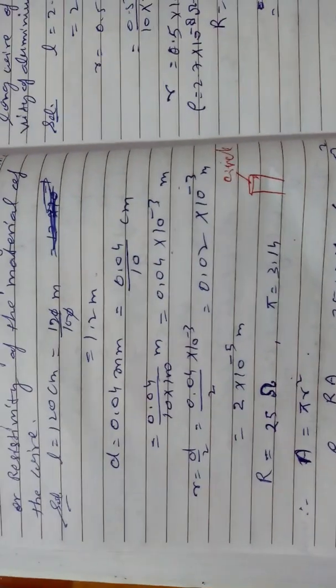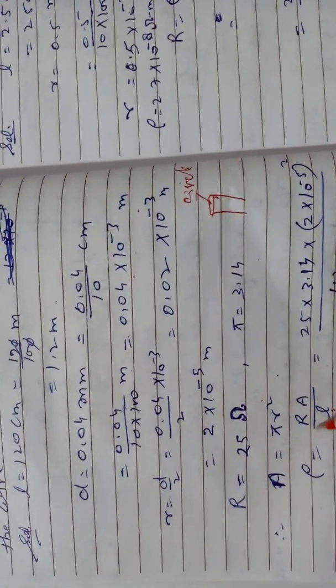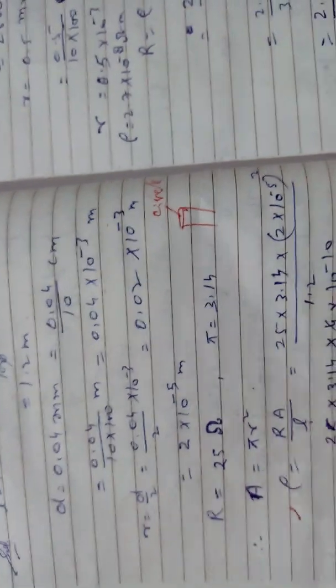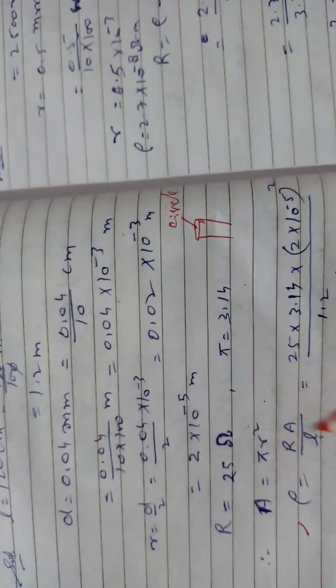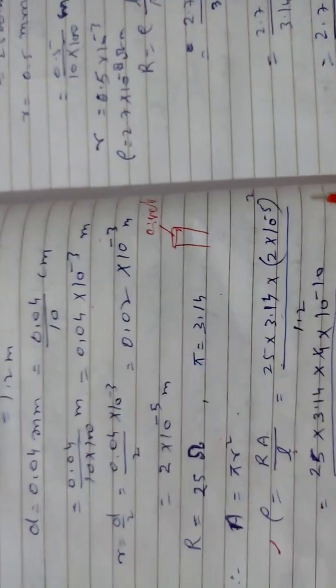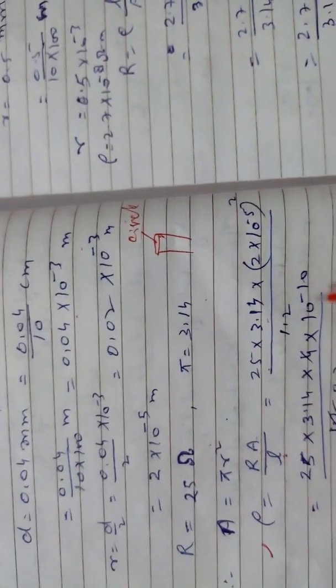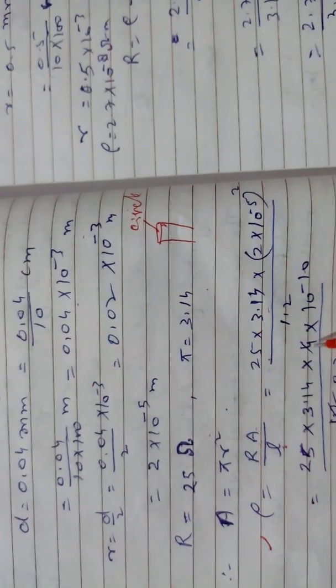Put the values. Rho is equal to RA upon L. From R is equal to rho L upon A, you write the formula in the form of rho, that is RA upon L. R, A and L you put in SI units. The square of this power gives 10 power minus 10.